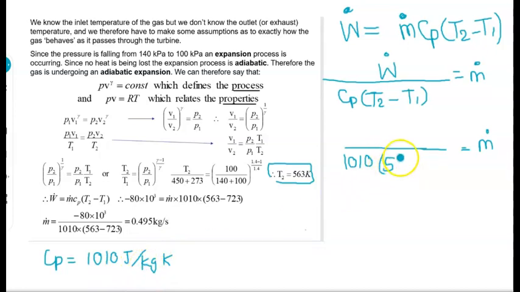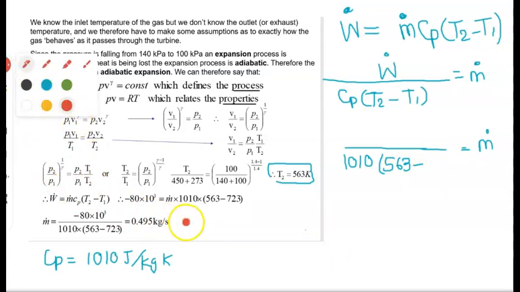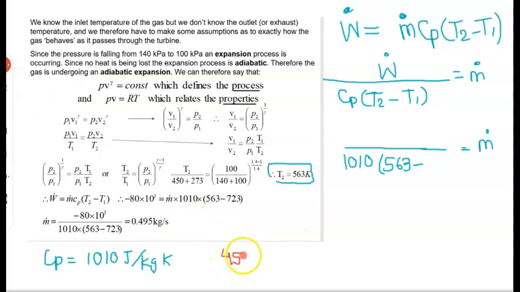T2 we just calculated 563 minus T1, which we have. T1 was 450. So the value for the T1, which was 450, you add 273. That will be 723 Kelvin. Now W dot, the work done by the turbine is given.